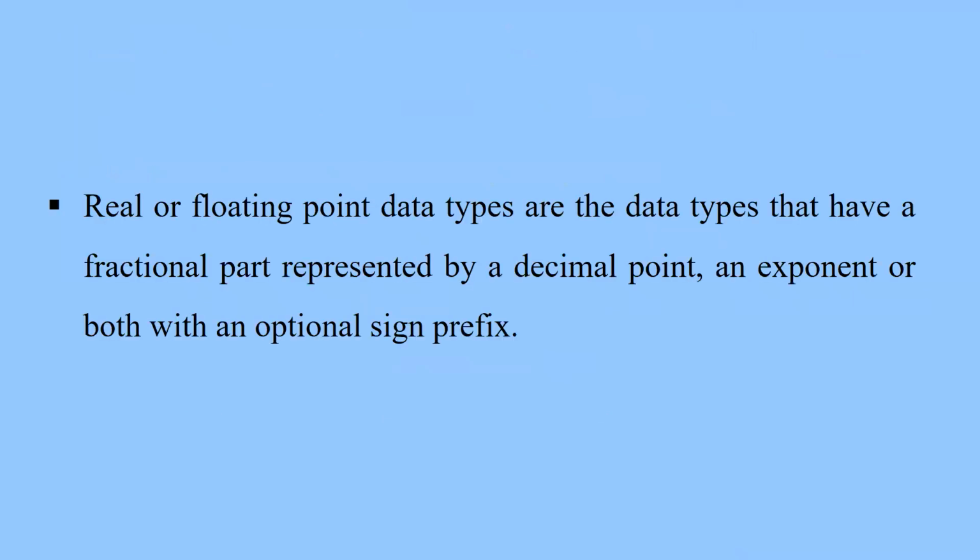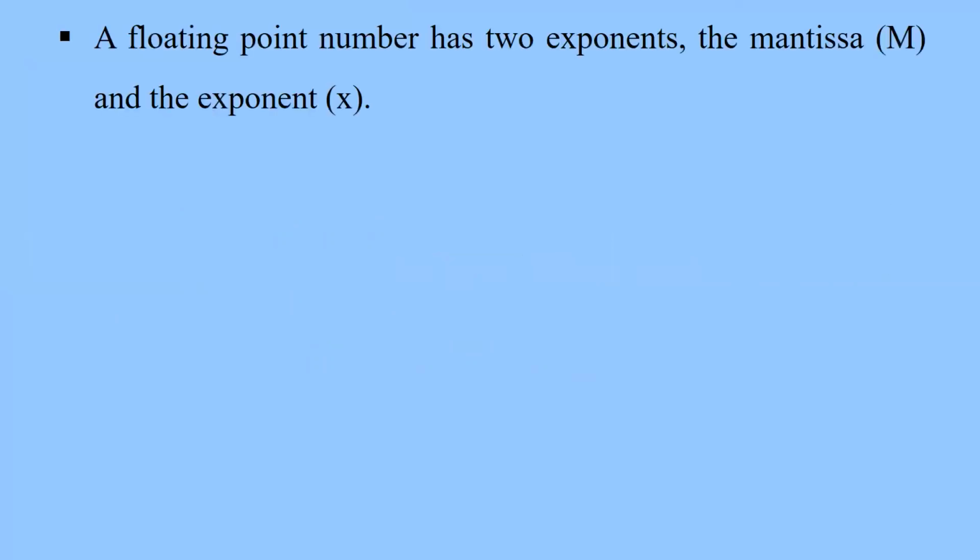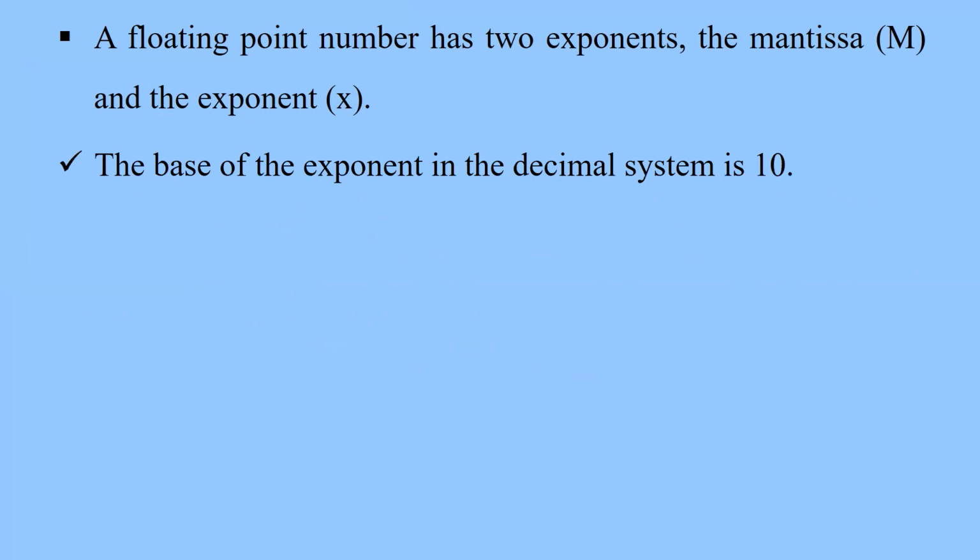Real or floating point data types are the data types that have a fractional part represented by a decimal point, an exponent, or both with an optional sign prefix. A floating point number has two parts, the mantissa, m, and the exponent, x. The base of the exponent in the decimal system is usually 10.